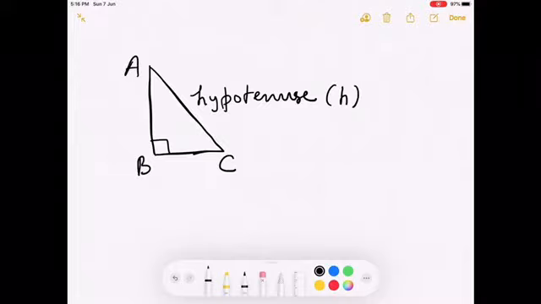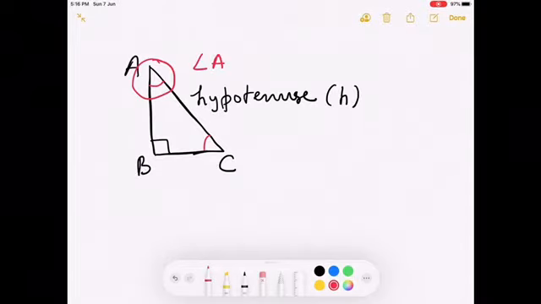Now apart from this, if we consider this triangle, there are two angles, and some of you may be knowing how to denote an angle. So here if I talk about this angle, I can call this angle A. That is one way of representing this. Another way of representing this is I can also call this angle as angle BAC.